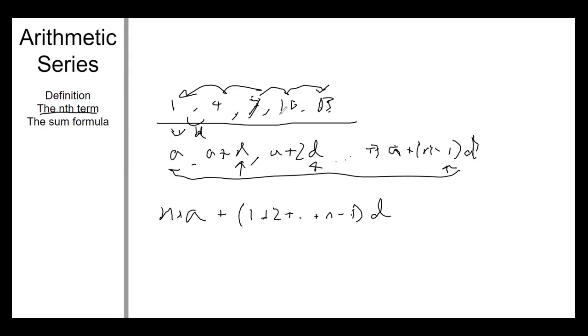So if you add corresponding numbers on opposite sides of this middle number, for example, 1 plus 13 is 14, 4 plus 10 is also 14, you'll get 2 times the middle number.